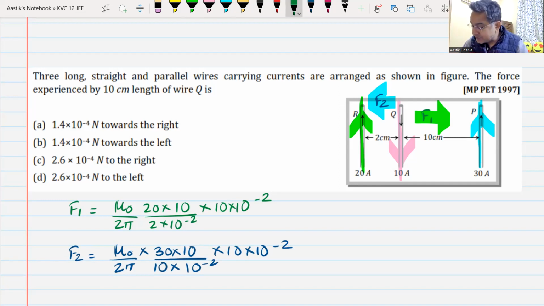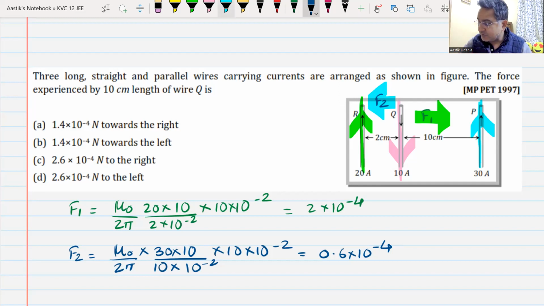This answer I am given is 2 into 10 raised to the power minus 4. You have to check it. This answer is given as 0.6 into 10 raised to the power of minus 4. Both are in opposite directions, so the net force becomes F1 is more.